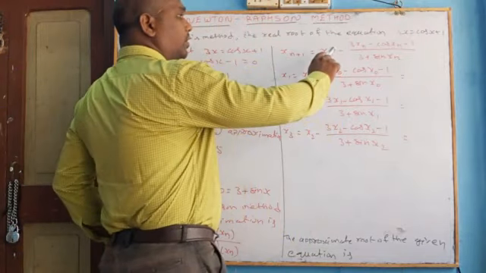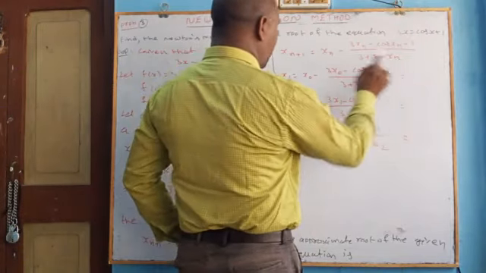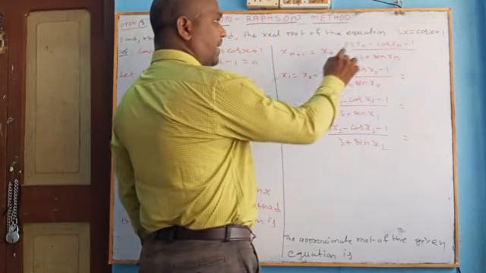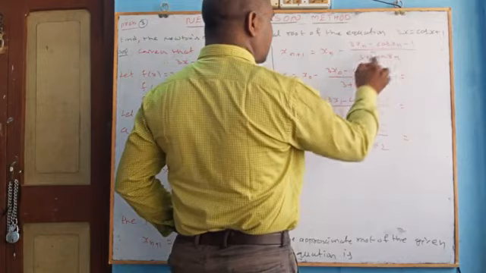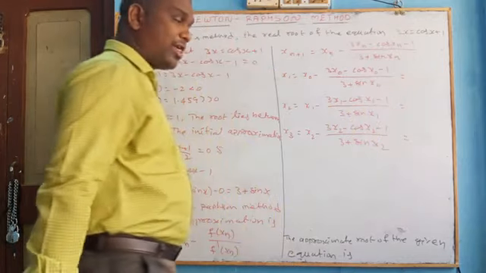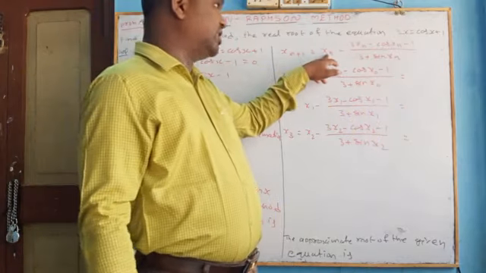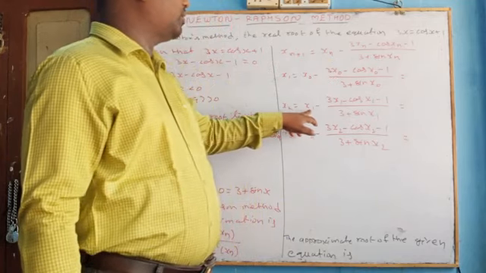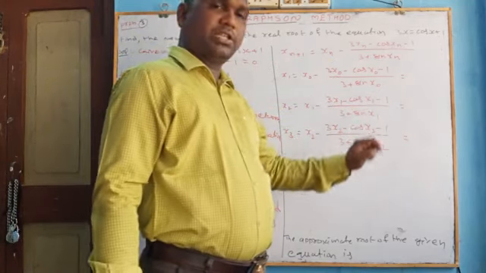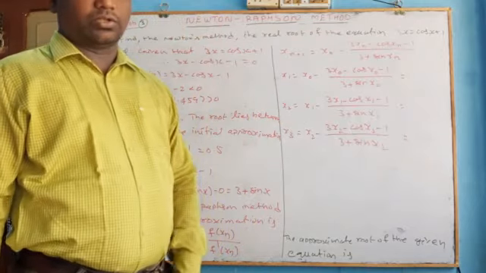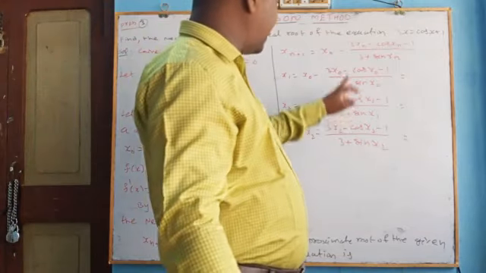So put n equal to 0 in this equation. We have x1 equals x naught minus (3 x naught minus cos x naught minus 1) by (3 plus sin x naught), and put n equal to 1 in this equation. We get x2 equals x1 minus (3x1 minus cos x1 minus 1) by (3 plus sin x1), and similarly we get x3 also. So we have to find these values.